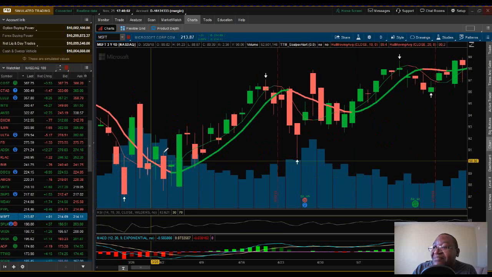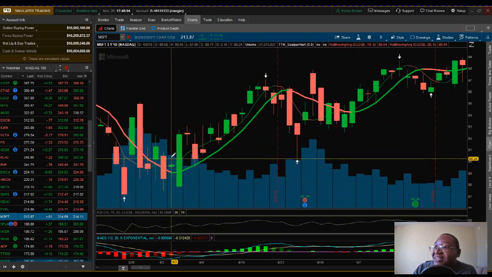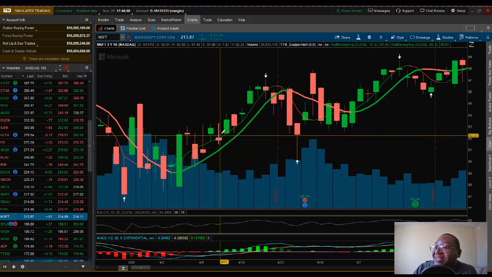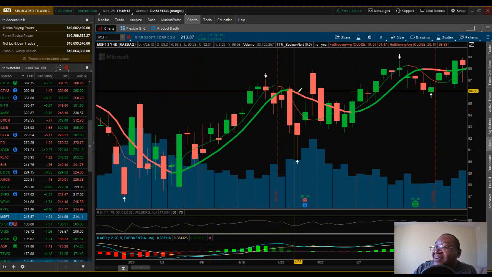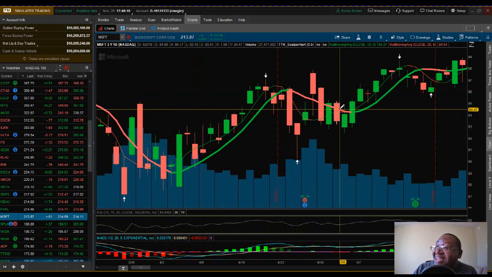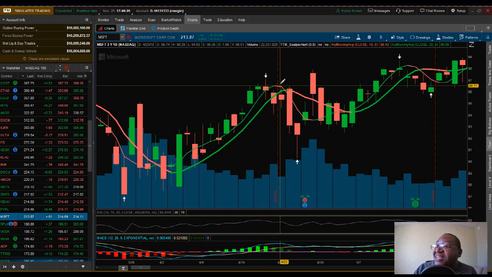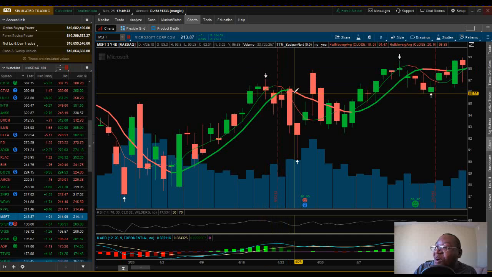Let me see here. This is Microsoft. Look at that. It goes down, and then here it tells you it is going down. Here is your confirmation that it is going down. Look at how they all work together. And then on top of that, let's look down here.